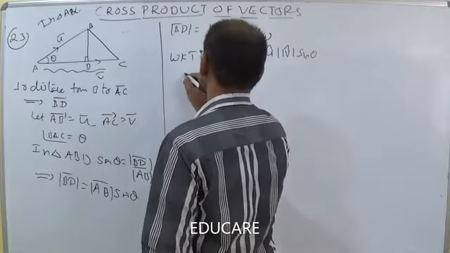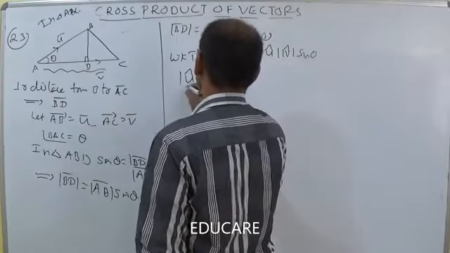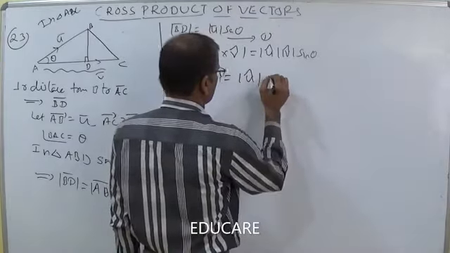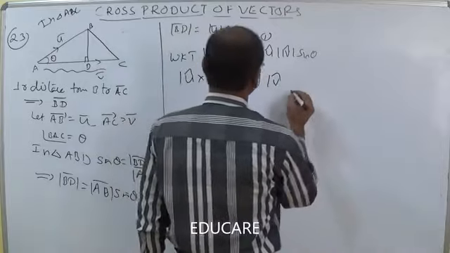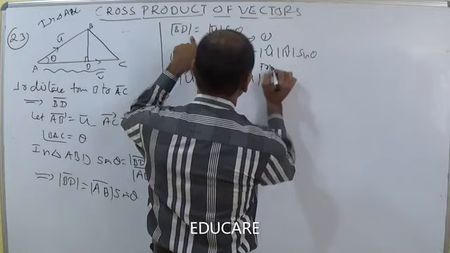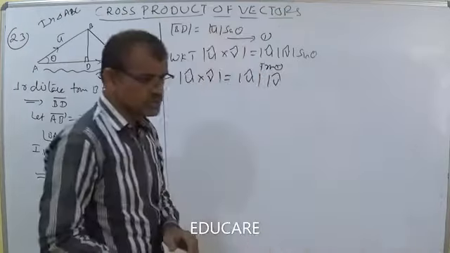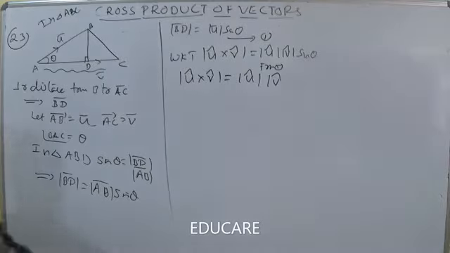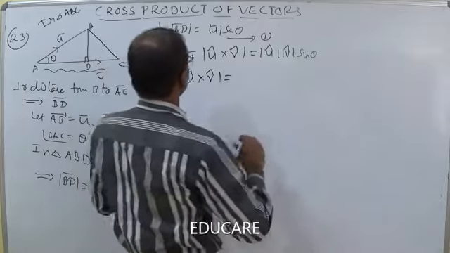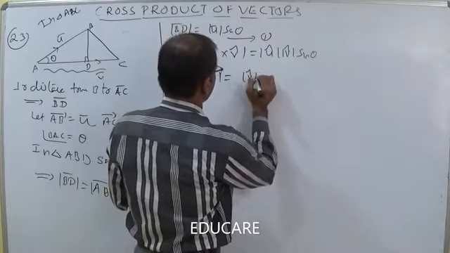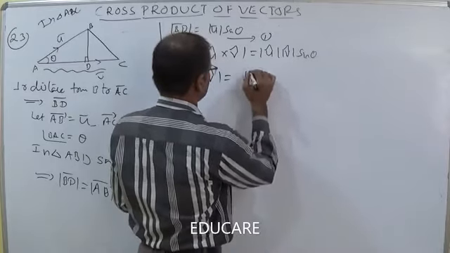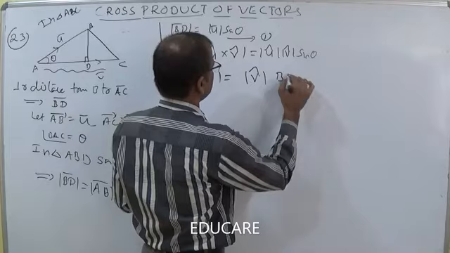Using the first equation, mod u sin theta is BD, so you can write mod v into BD.